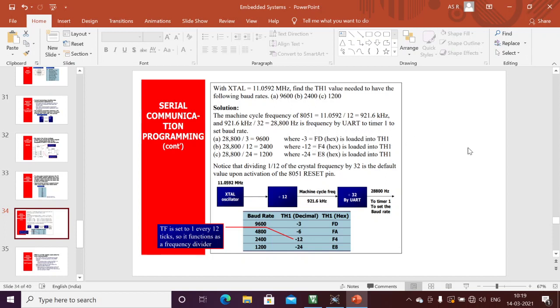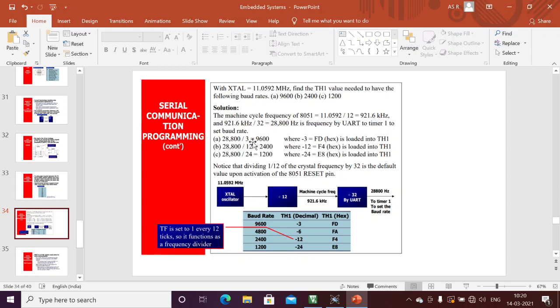Whenever the TL value overflows, from FD to FE, FE to FF, FF to 00, my TL1 value overflows and automatically the TH1 value will be copied to TL1, using this FD only. Here -3 means FD. Why? Because FD to FE, FE to FF, FF to 00 overflows. That's why we are loading the TH1 value with -3.